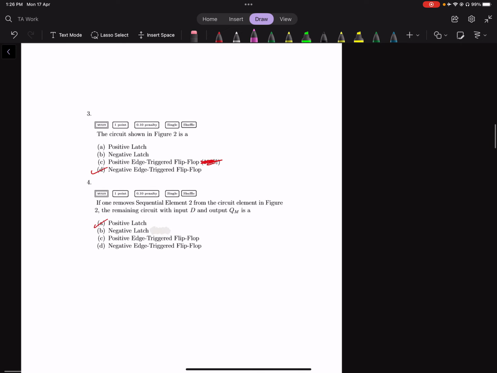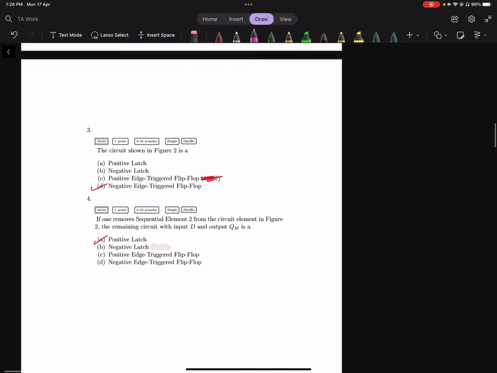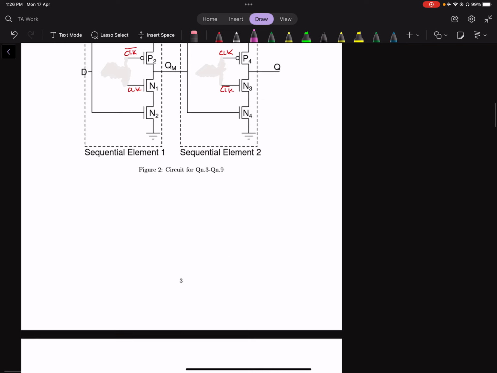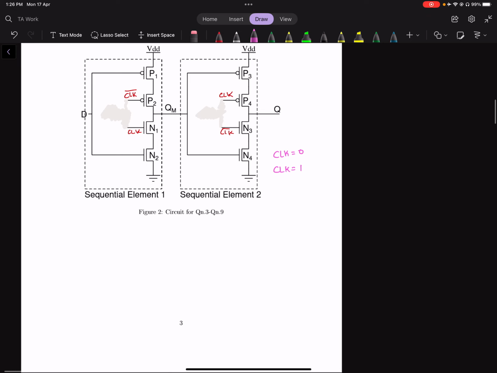So that's basically questions 3 and 4. It's a negative edge triggered flip flop, because when clock is equal to 0 and clock bar is equal to 1, you will see that the value of q gets affected.